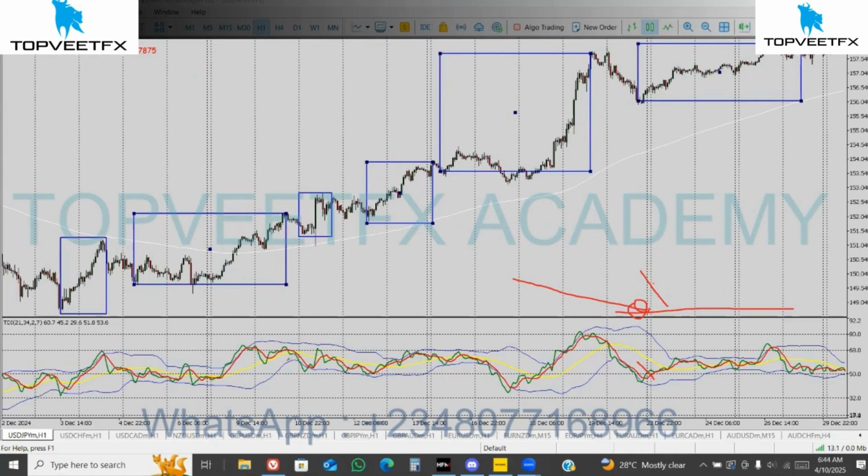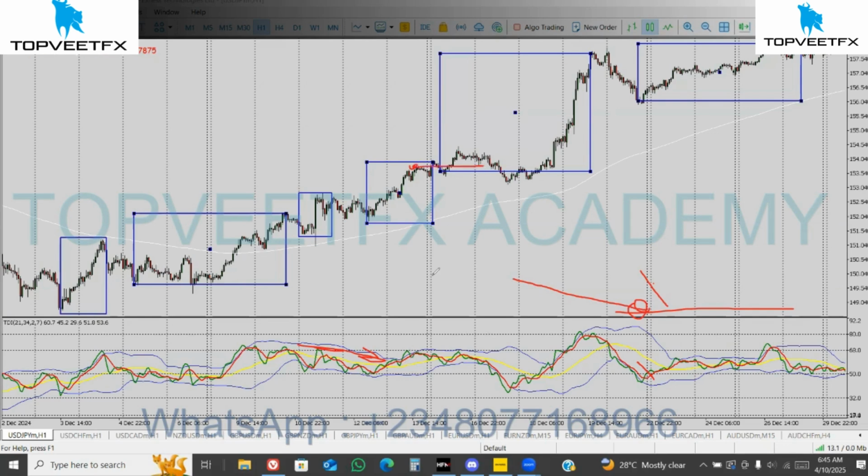When they wanted to drop, you can see that this thing changed direction here. You can see clearly that the market was creating a high, creating a low on TDI, and it gave us this particular one, which is our entry.